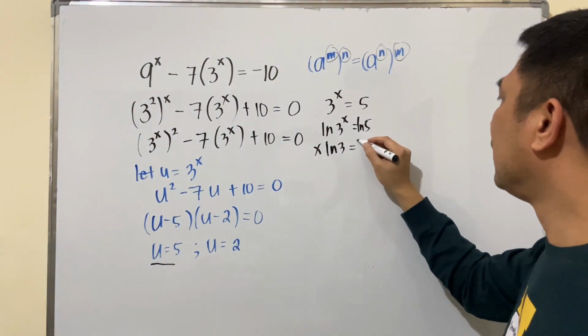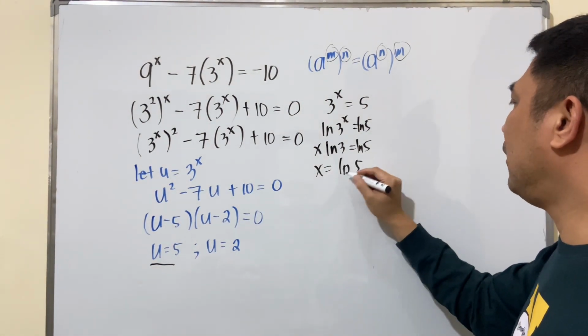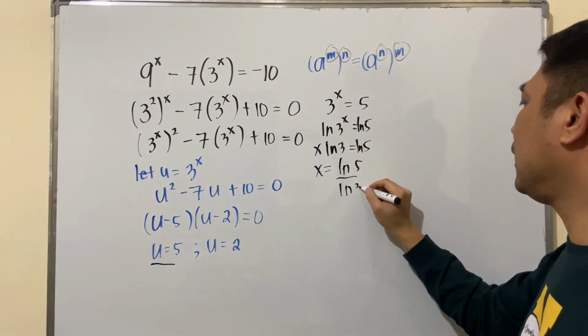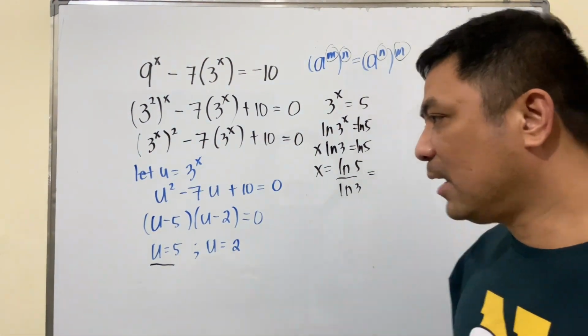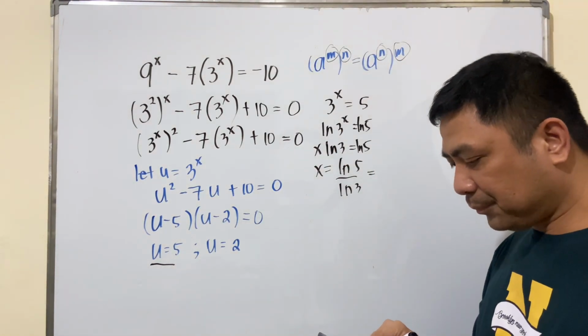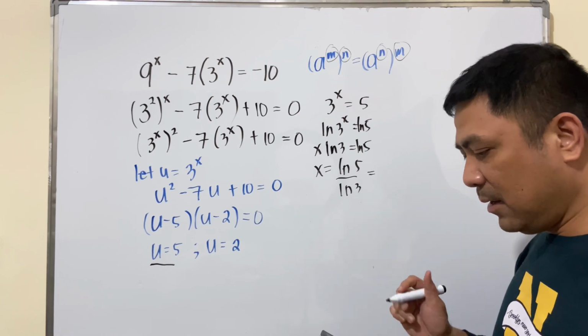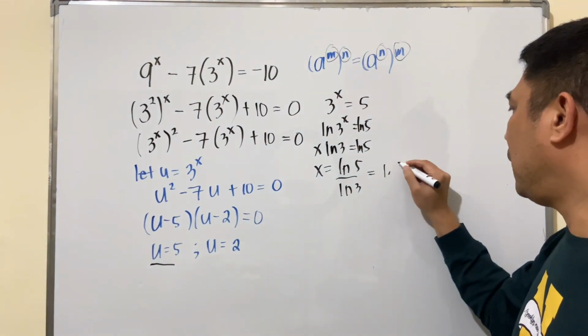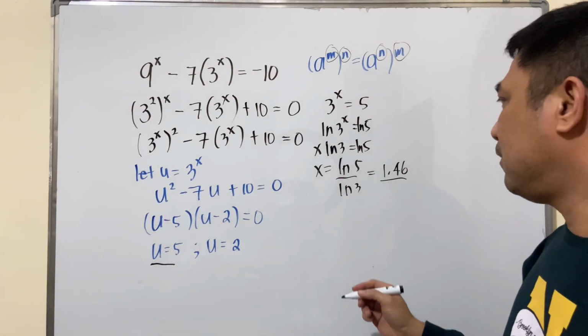So therefore, your x here is equal to ln 5 divided by ln 3. You can leave your answer like this, or if you have your calculator with you, you can calculate ln 5 divided by ln 3. You will get around 1.46. So that would be our first value of x.